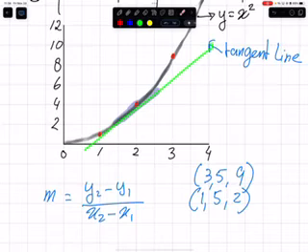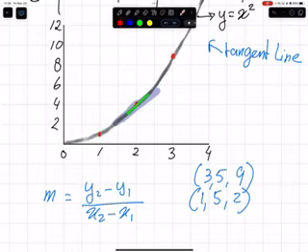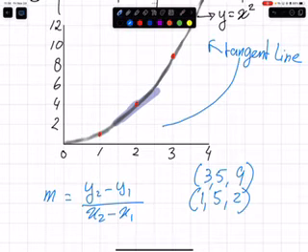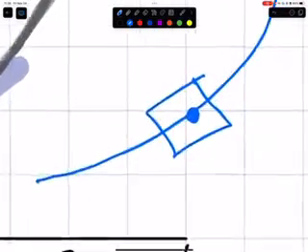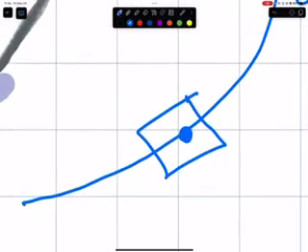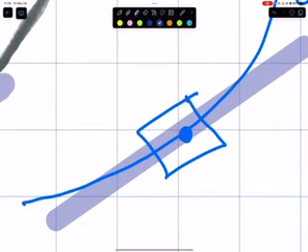You have to look closely at how the line is going. If you zoom in here, how is the line going? It's going like this. So that's how your tangent line should be going.